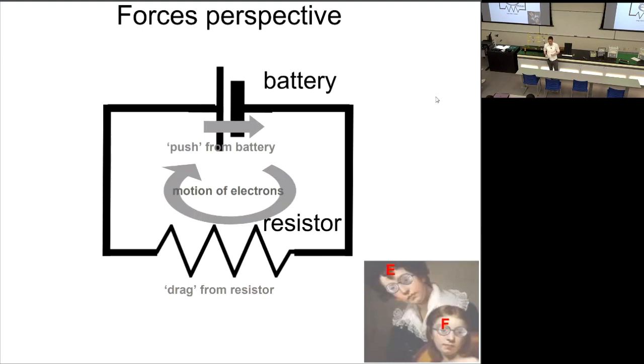So from the force perspective, there's the battery pushing, that's a force, and the resistor resisting, that's sort of a frictional force as the current flows around the circuit. That's one perspective, and we'll talk about that sometimes.